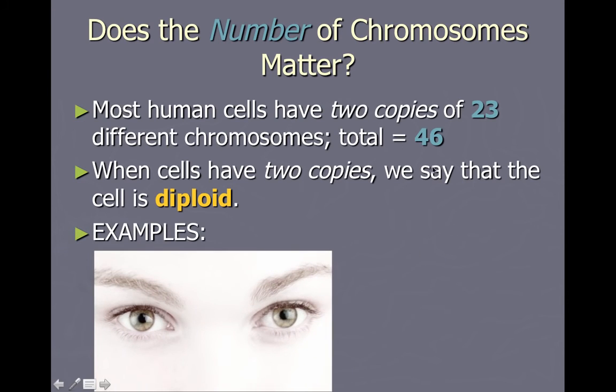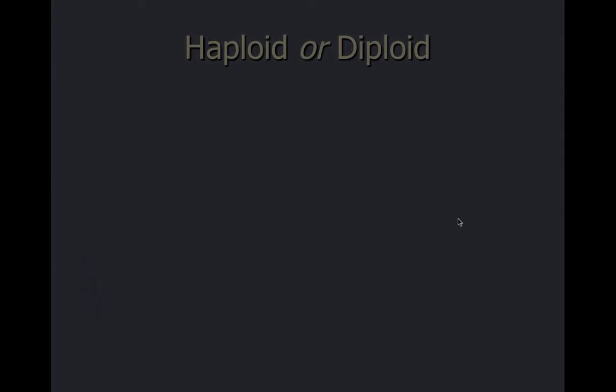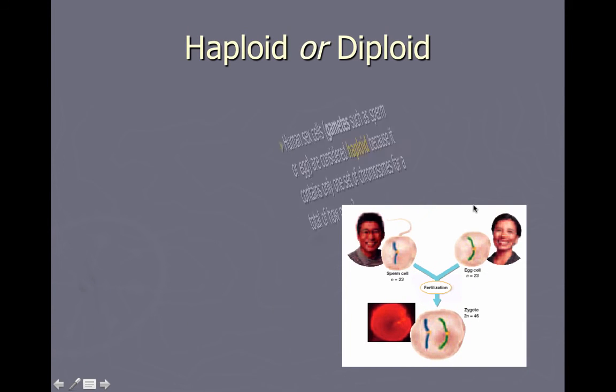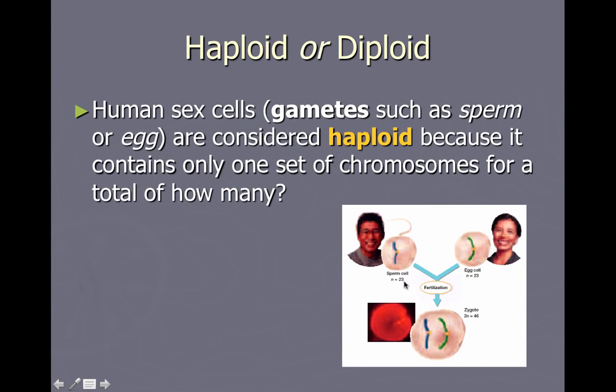So all our body cells have 46. The only cells that don't have 46 are those cells that are involved in making more people. That would be sperm cells and egg cells. That makes sense because when a sperm cell and egg cell combine together, you have 23 in one and 23 in another, and that makes a total of 46. So n equals 23 is considered the haploid number.